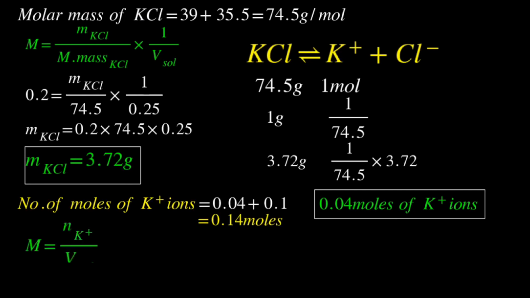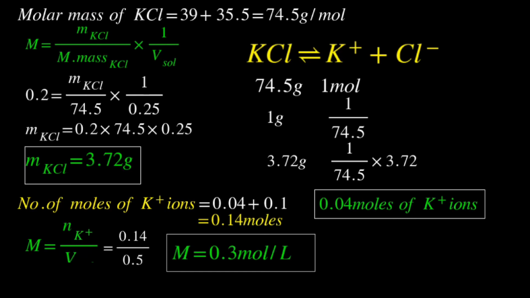Now calculate the molarity. As both solutions are mixed in equal volumes of 250 cubic centimeter, convert cubic centimeter into cubic decimeter and add the volume of both solutions. We will get 0.5 cubic decimeter of volume. Put the data in the equation: 0.14 divided by 0.5. The molar concentration of potassium ion in the resultant solution is 0.3 mole per liter.